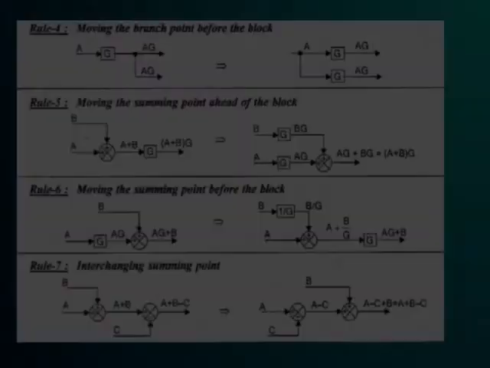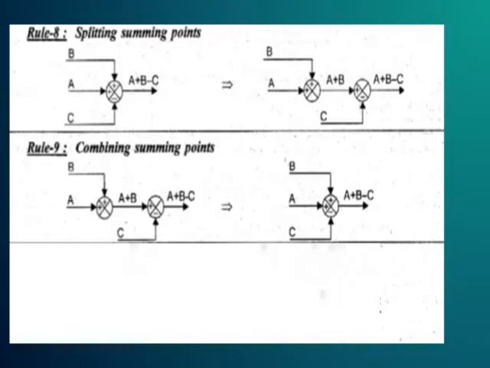Then we have rule number 8, splitting summing points. When a summing point has three different inputs, A has plus, B has plus, C has minus, giving A plus B minus C. Splitting the summing point is nothing but, when three variables are there, splitting it into two.